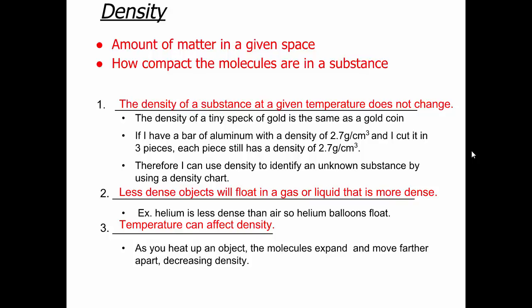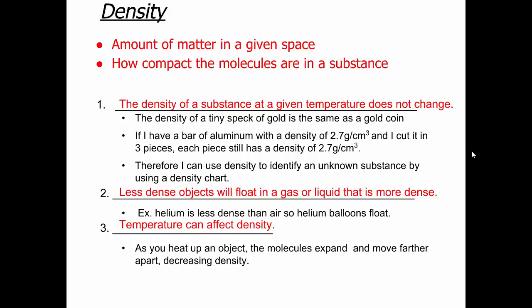All right, so this cube of gold and this bar of gold have the same density. Even though they're different sizes, shapes, masses, and volumes, they have the same density because gold has a consistent density. Okay? A gold coin has just as much as a tiny little speck of gold. The density is the same.